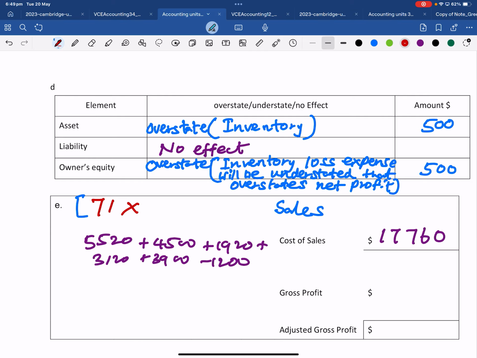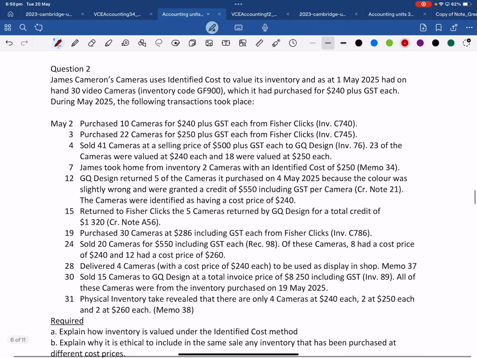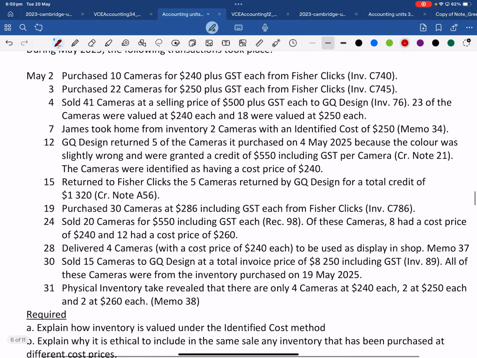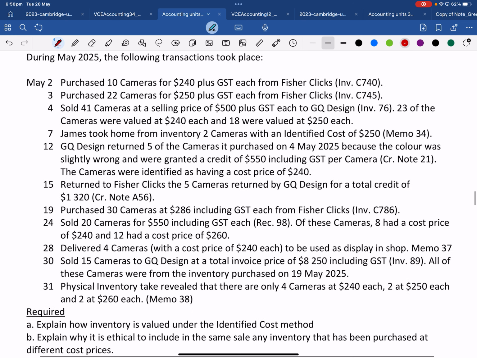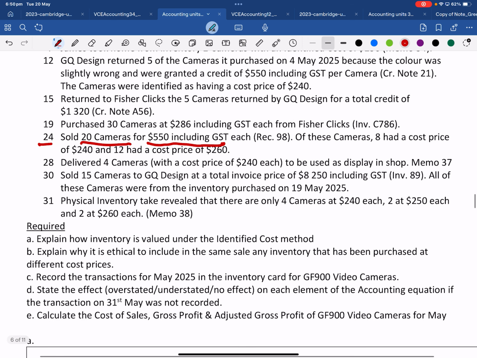Now we have to calculate it by the selling price. How much is the selling price? In some questions you have to be careful, the selling price can change. But this one, I don't think it will change. Let's have a look. Sold 41, selling price 500 plus GST, so 500. Next one, 24th, sold 20 cameras at 550 including GST, meaning the selling price is still 500. Last one, the 30th, sold 15, total invoice price including GST.